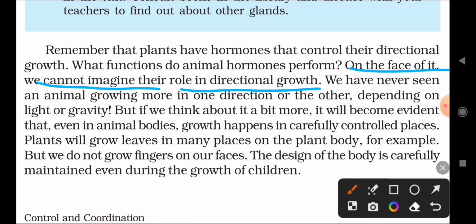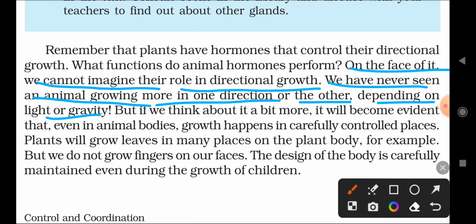In the animal body, directional growth is not involved. We have never seen an animal growing more in one direction or another depending on light or gravity.